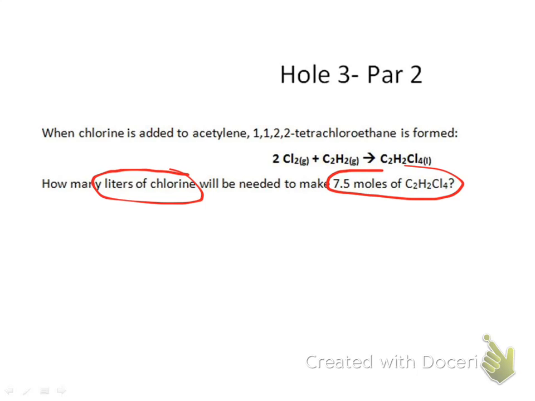How much chlorine will be needed if we want 7.5 of that? So there's your A, there's your B. What's the ratio here from B to A? Do you know what that ratio is going to be? It's a 2 to 1. Perfect.